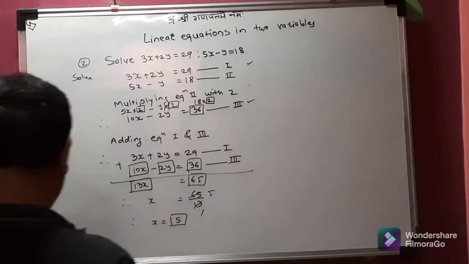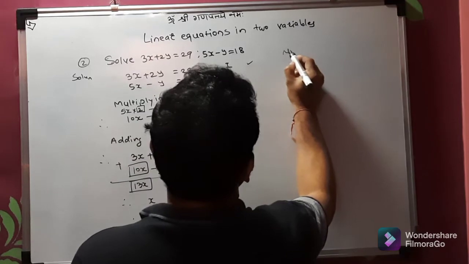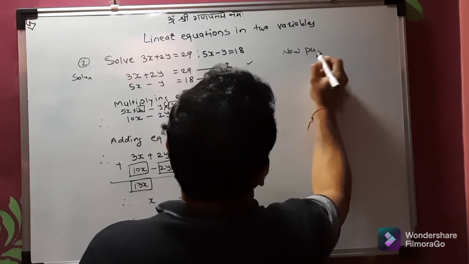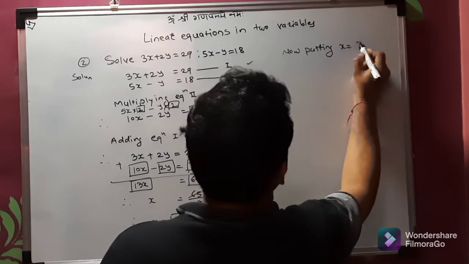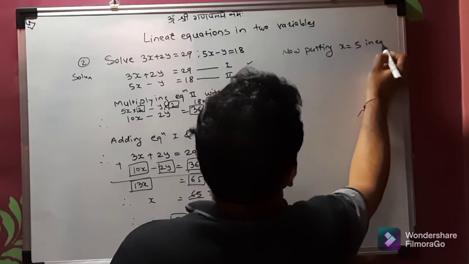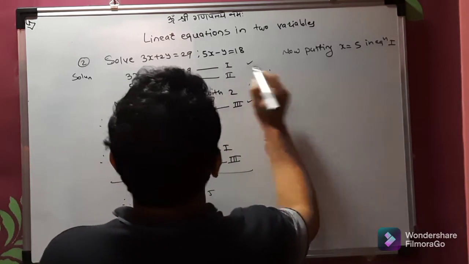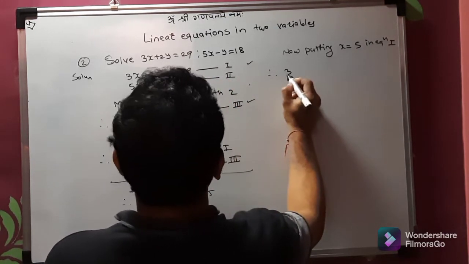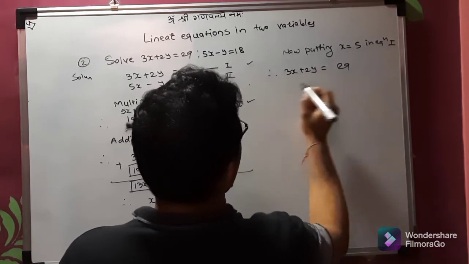Now putting x is equal to 5 in equation 1. So what is equation 1? Equation 1 is 3x plus 2y is equal to 29.